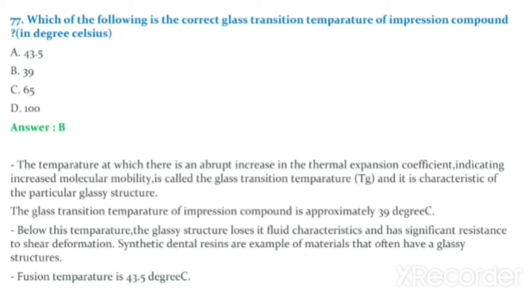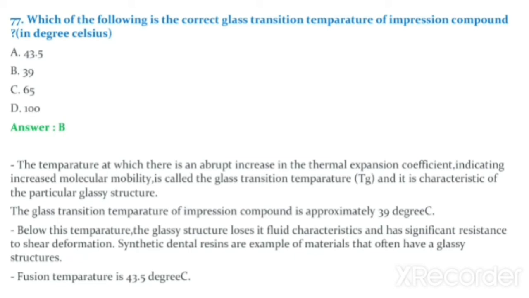The temperature at which there is an abrupt increase in the thermal expansion coefficient indicating increased molecular mobility is called glass transition temperature, and it is characteristic of the particular glassy structure. The glass transition temperature of impression compound is approximately 39 degrees Celsius.